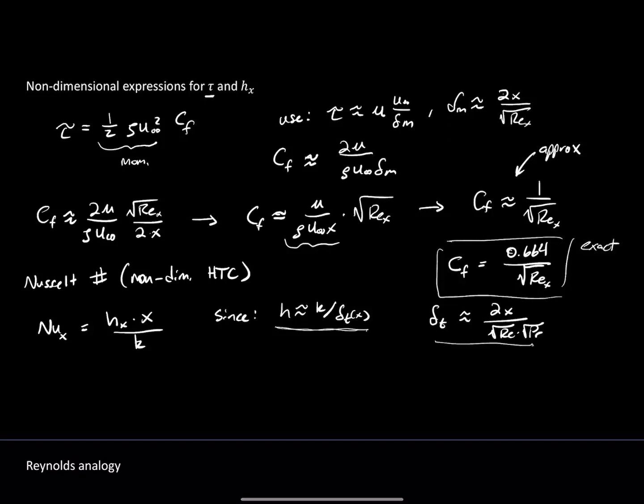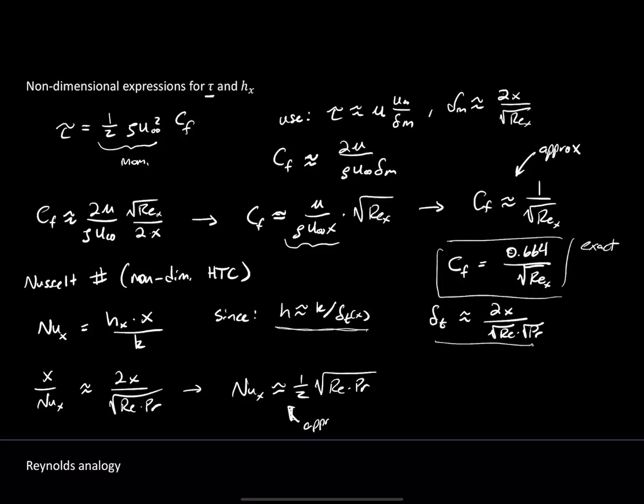So combining those, we get x over Nusselt x is approximately equal to 2x over square root of Reynolds Prandtl. Solving this for Nusselt number, we get Nusselt x is approximately equal to 1/2 square root Reynolds Prandtl. Again, our approximate model.